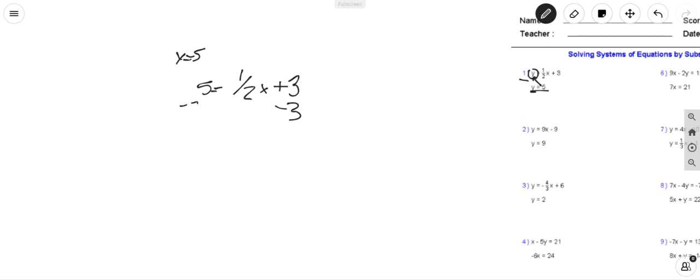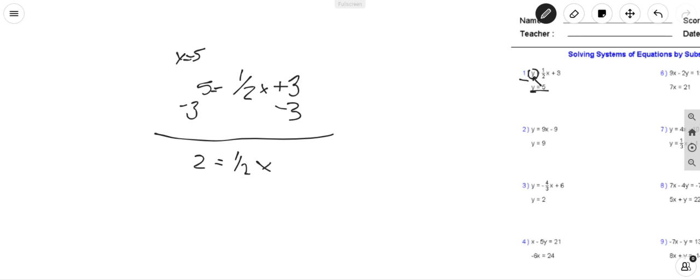What we do to one side, we must do to the other side to get rid of this extra. Then we'll have 2 left, which would equal 1/2 x.